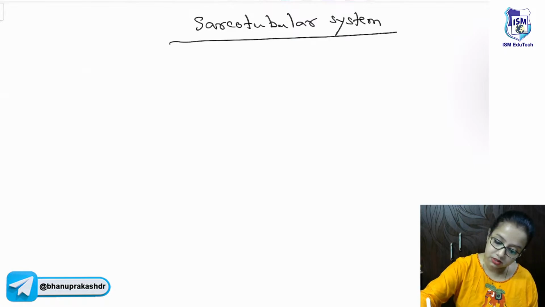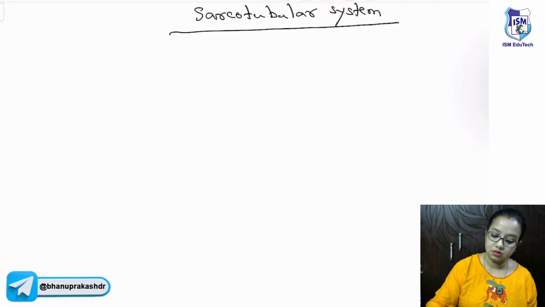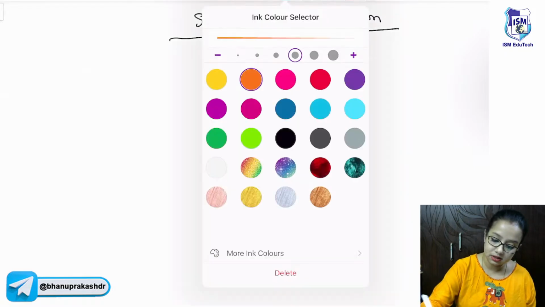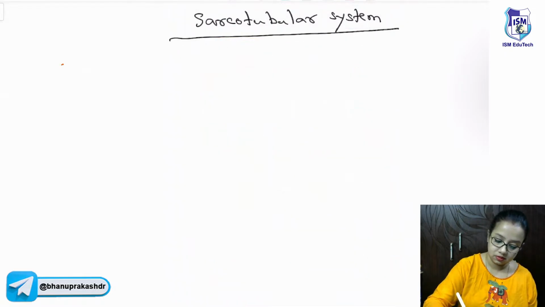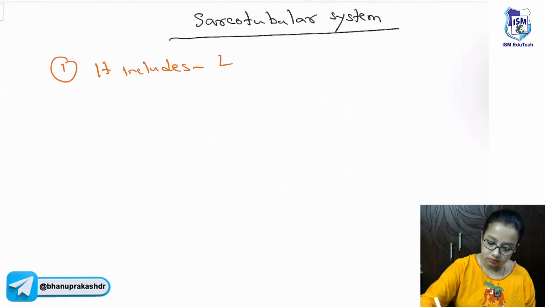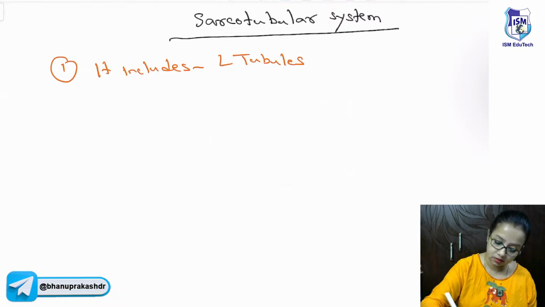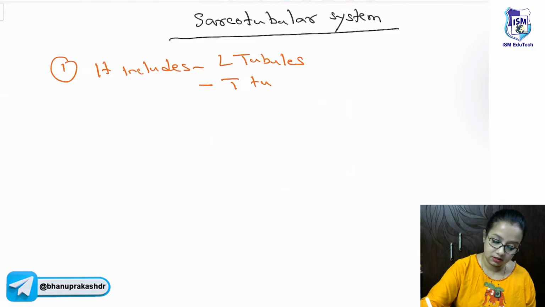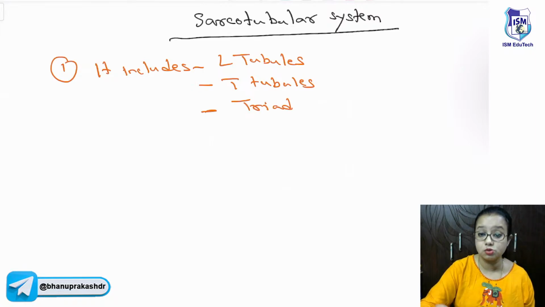The sarcotubular system includes L tubules, T tubules, and it also includes the triad.